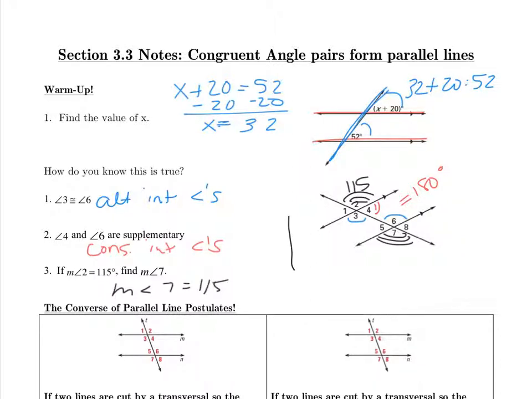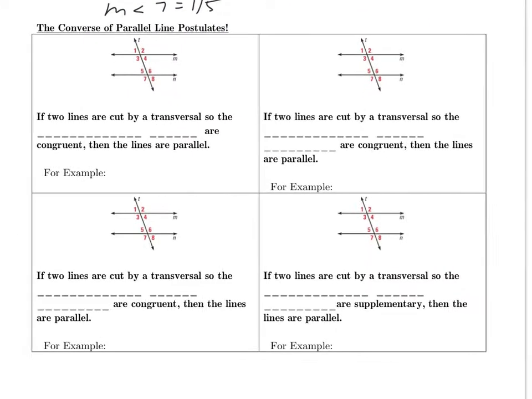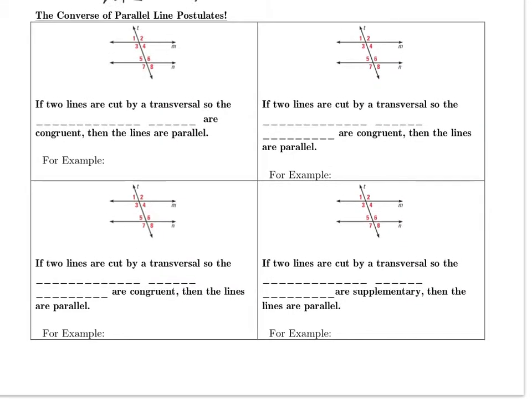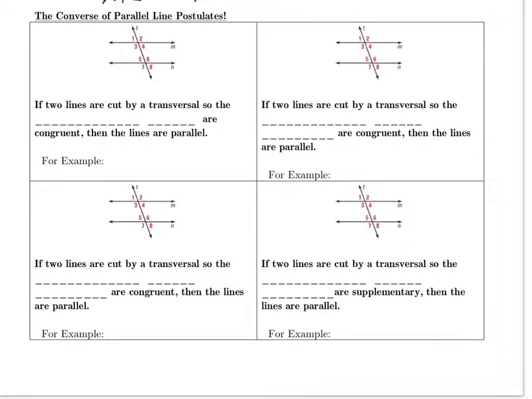Now moving on to the postulates. And we have 4 postulates. If two lines are cut by a transversal, so we're going to start with corresponding angles are congruent, then the lines are parallel.